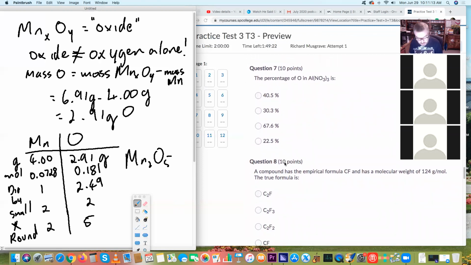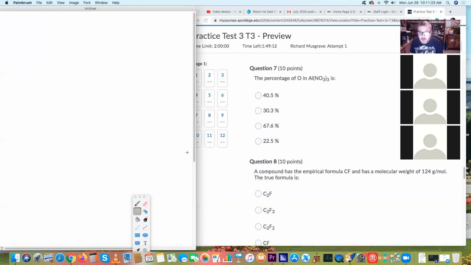Question 7 is going to be a percentage question. If we're looking at the percentage of oxygen in this one, think of a pizza: if you've got a piece of it, the percentage is the piece divided by the whole. So it's the same kind of deal here.